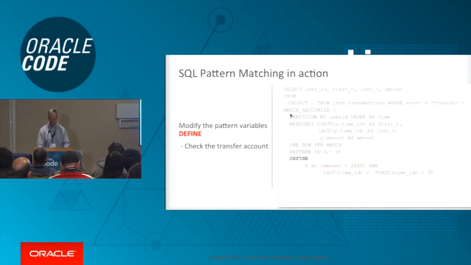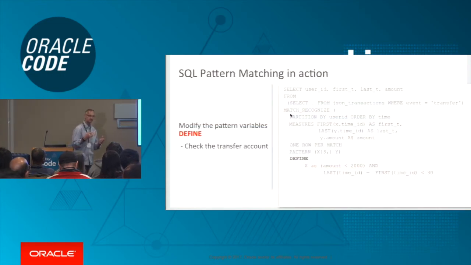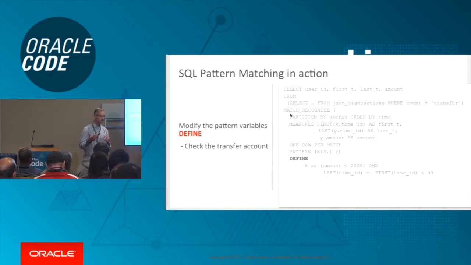So how does this look like in SQL? It's pretty simple. It's the same pattern that we looked at before with additional conditions. So all we have to do to address this new requirement is to define a data record as X, as the small transaction. Now, within the context of the X itself, we say, okay, every time I'm doing the small transfer, it does not go to the same account as it went before, right?